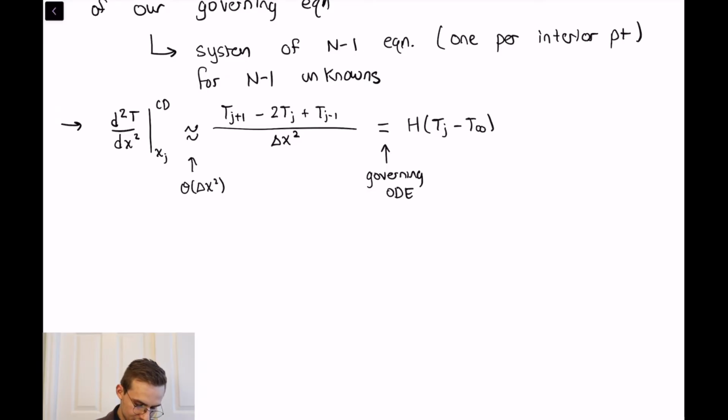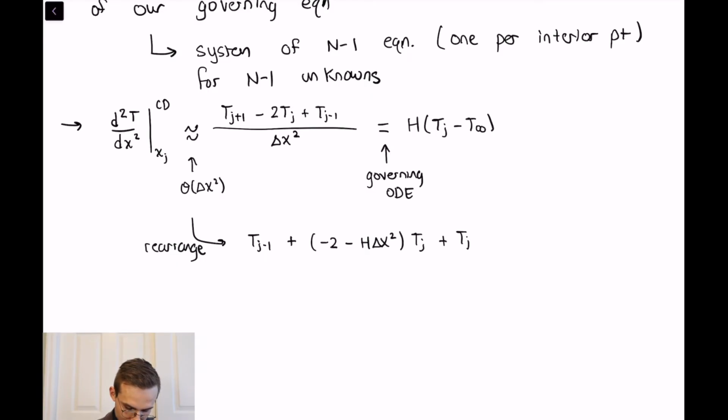So if we rearrange this, then we will obtain T_{j-1} plus (negative 2 minus h times delta x squared), that quantity times T_j, plus T_{j+1}, is equal to negative h delta x squared times T infinity. Okay, and then this quantity in the parentheses, we're just going to call that alpha. We're going to rename it.